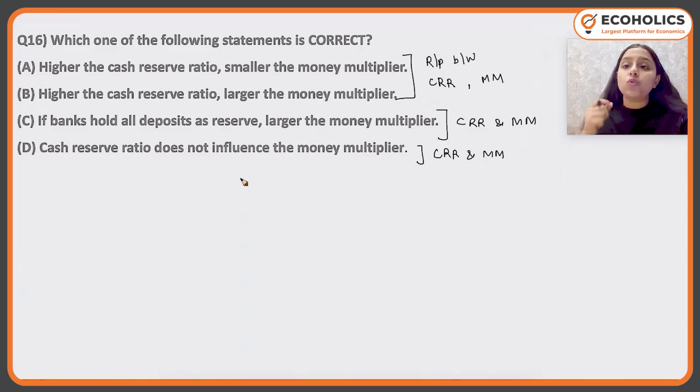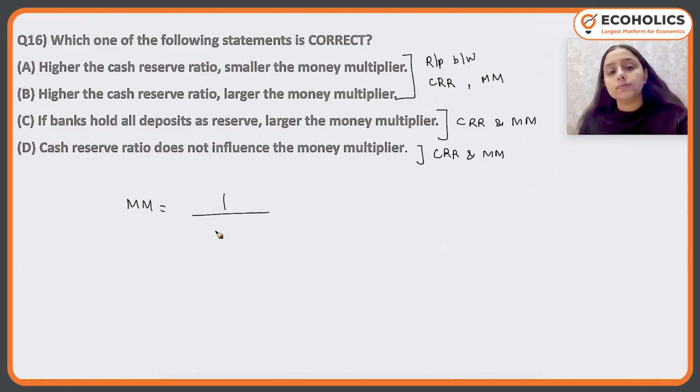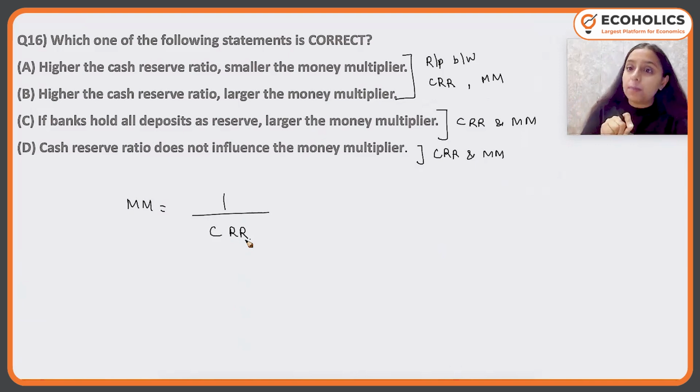So the first thing is, what is the formula for money multiplier? Money multiplier in the economy is equal to 1 upon CRR. There are other parameters in the money multiplier such as ERR, but I'm not considering it at the moment because we have to study the relationship between CRR and money multiplier.